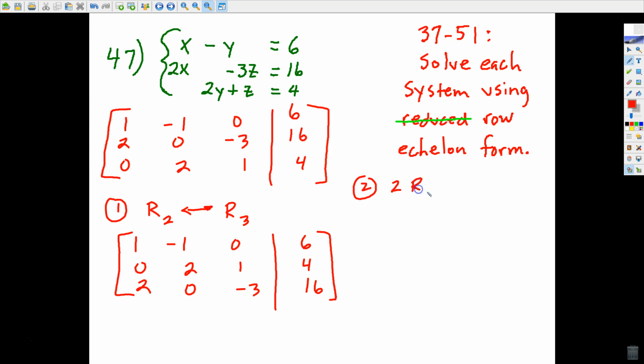Nice. 2 times R1. Subtract that from row 3, and that's going to go in row 3. All right, so rows 1 and 2 aren't affected by this step.